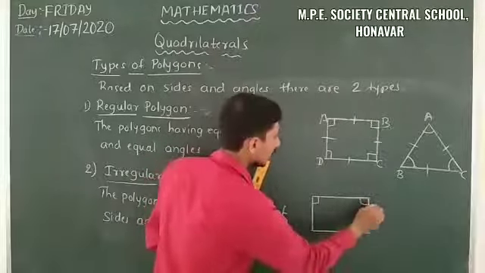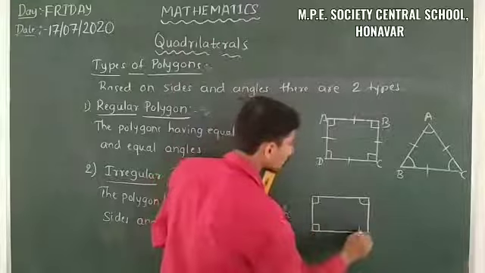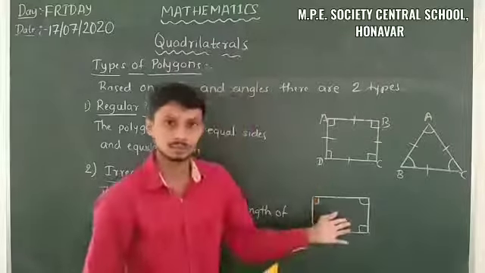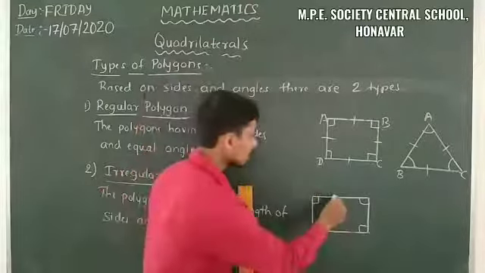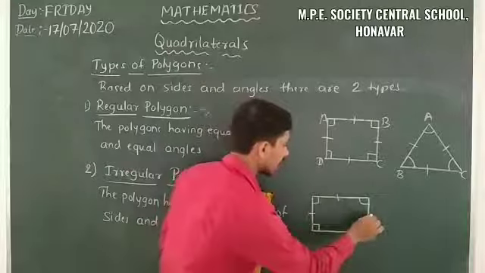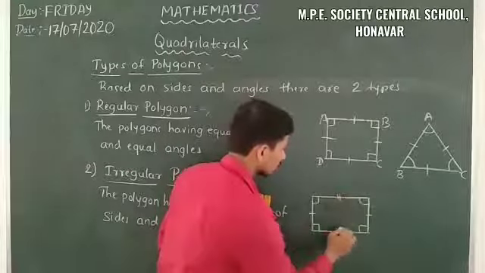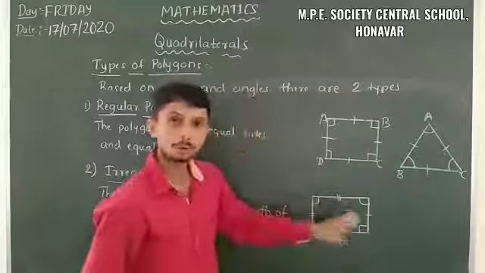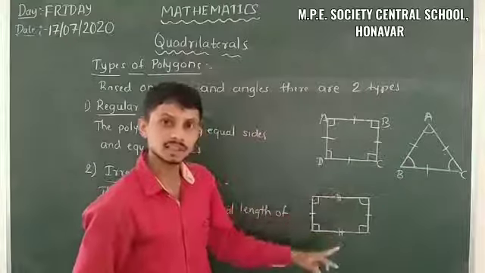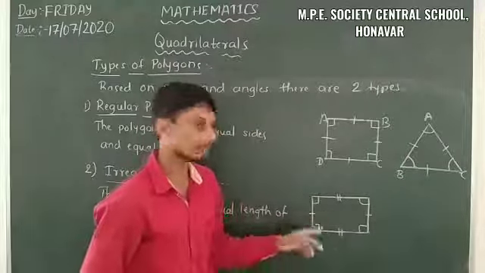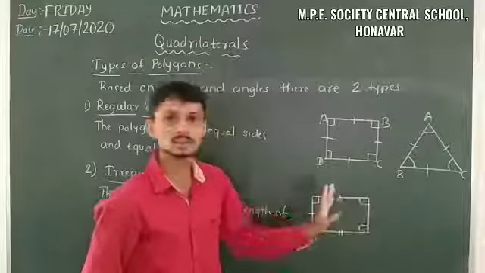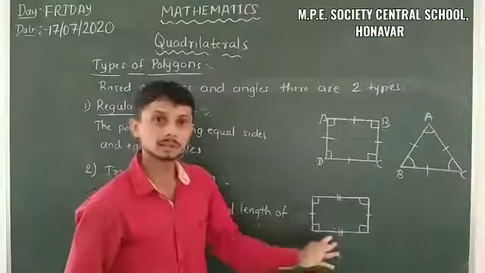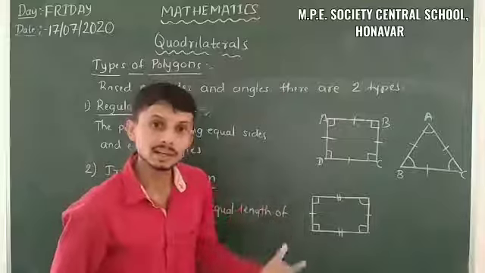The angles inside the rectangle are equal, but the lengths of the sides are not equal. The opposite sides are equal, but this side and this side are not equal. So it comes under the irregular polygon.